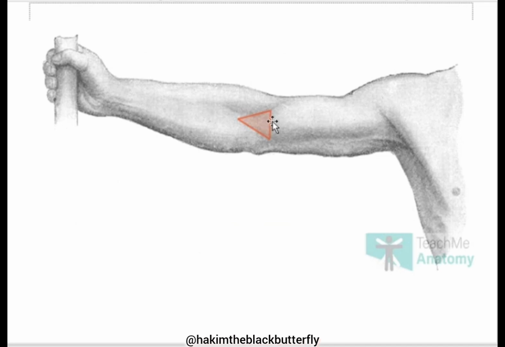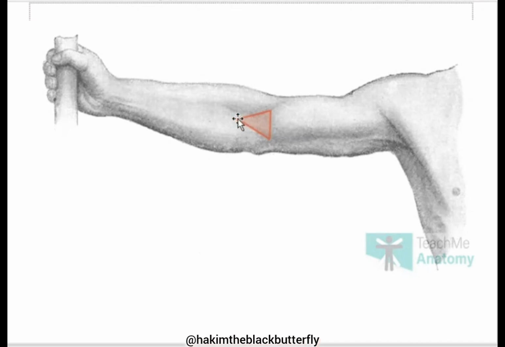So this is what I mean. This is known as the cubital fossa, this triangular depression, and it is used for a number of clinical procedures. The cubital fossa contains nerves and blood vessels, but the danger is that those nerves and blood vessels are only covered by skin and superficial fascia.